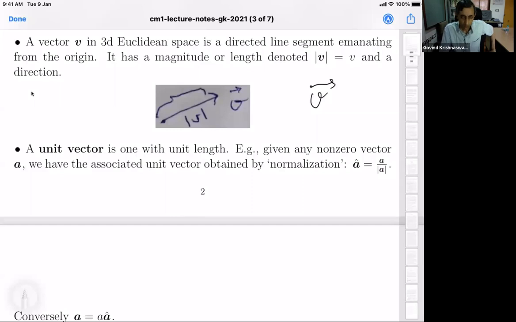Now, having spoken about what a vector itself is, we can introduce the concept of a unit vector. A unit vector is one with unit length, and by that I mean the length is equal to 1.